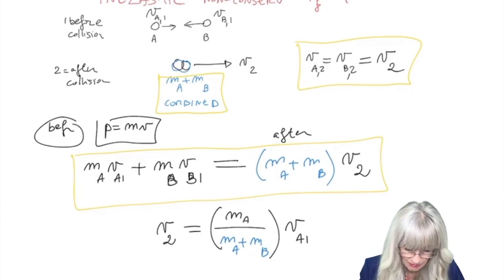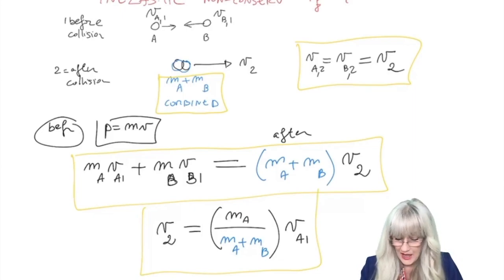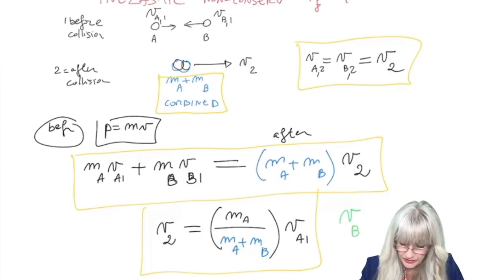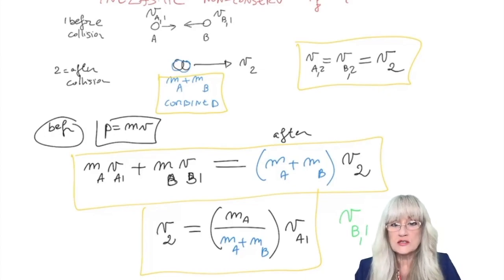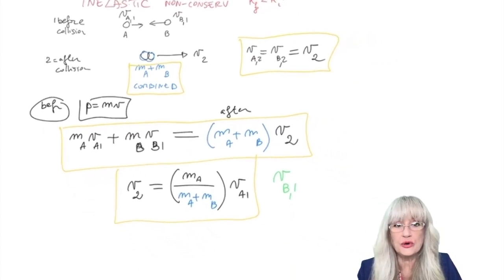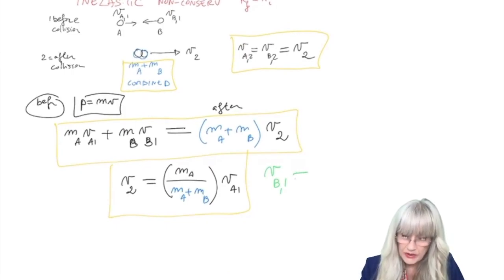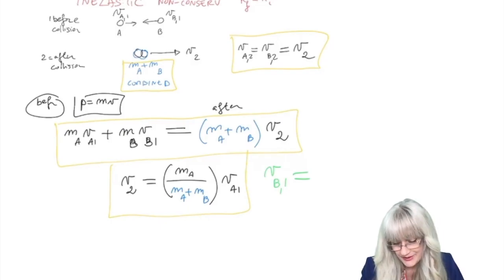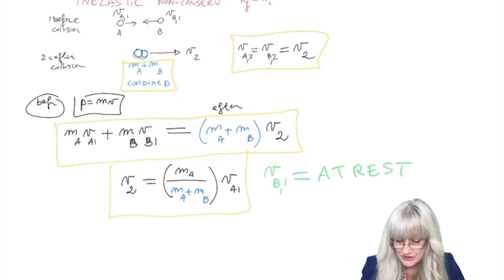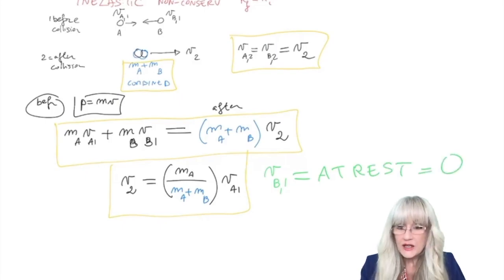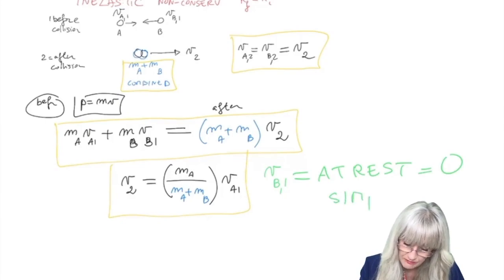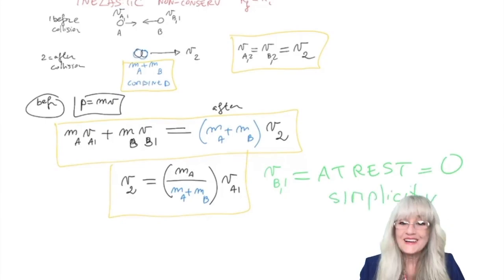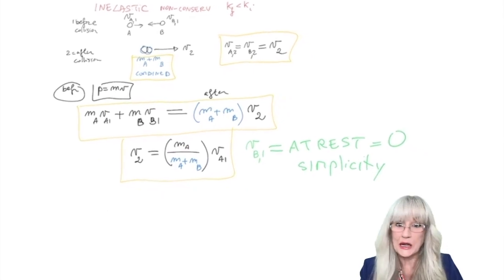Now I'm going to frame it, but as you can see, you are going to ask me what happened to VB1, the velocity of object B before the collision. For simplicity, for this type of physics, we assume body B is at rest. So basically it is 0. Just for simplicity, for the type of physics we are doing, lucky you.